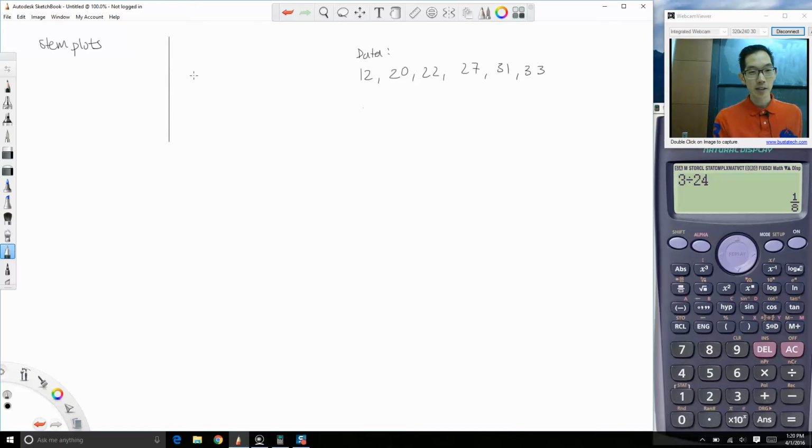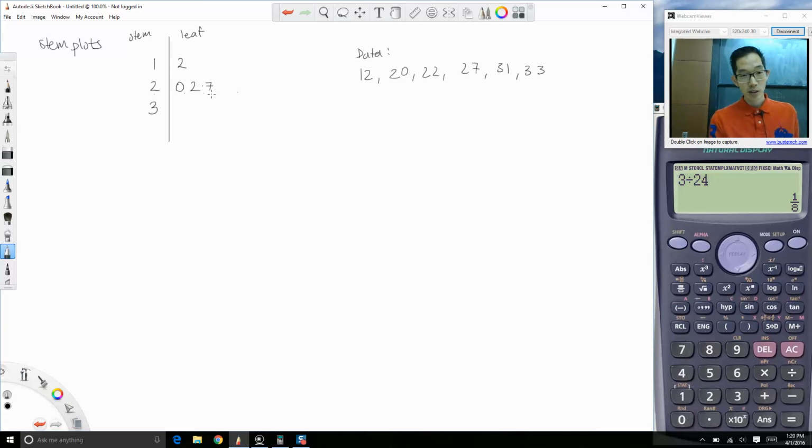With a stem plot, basically you're going to create stems, and here we're going to have stems for the tens place, and the quote leaf would be for the ones place, okay? So the value 12 is represented by the number 2 in the 1 stem. The value 20 is going to be represented by the number 0 in the 2 stem, or the 20 stem, and the value 22 is represented with a 2, and the value 27 is represented with a 7.